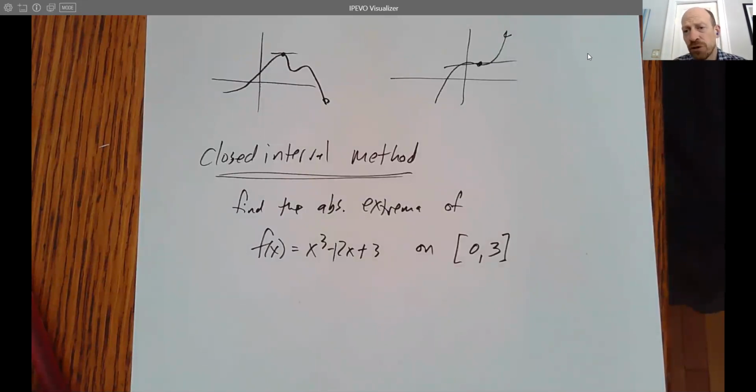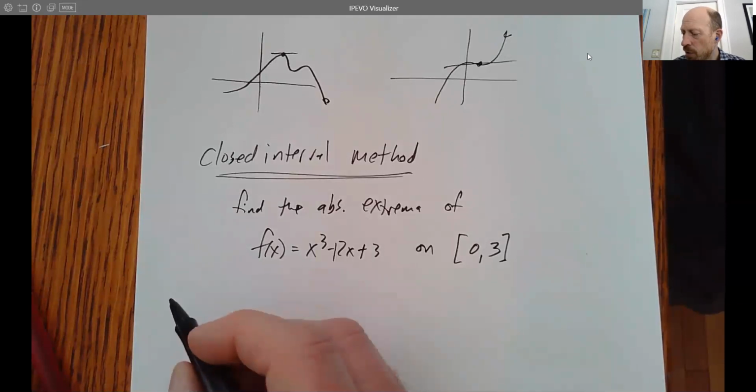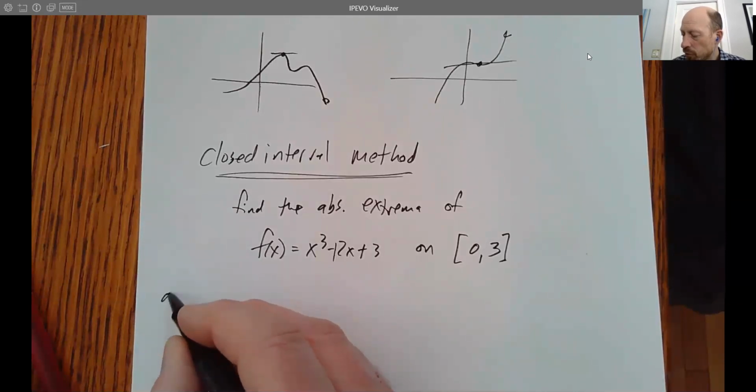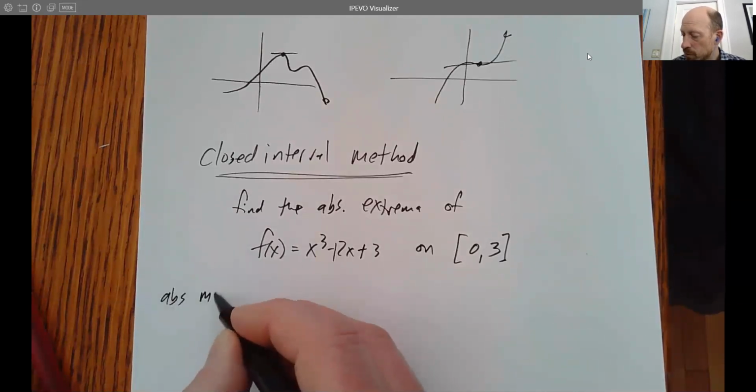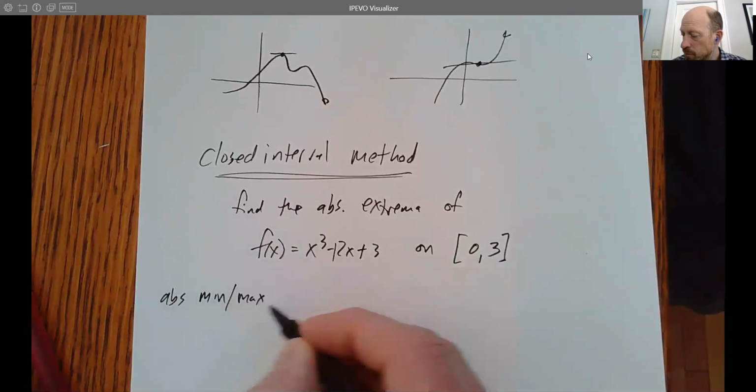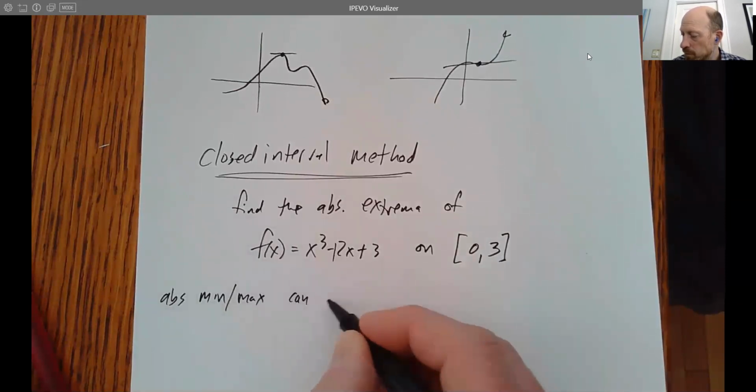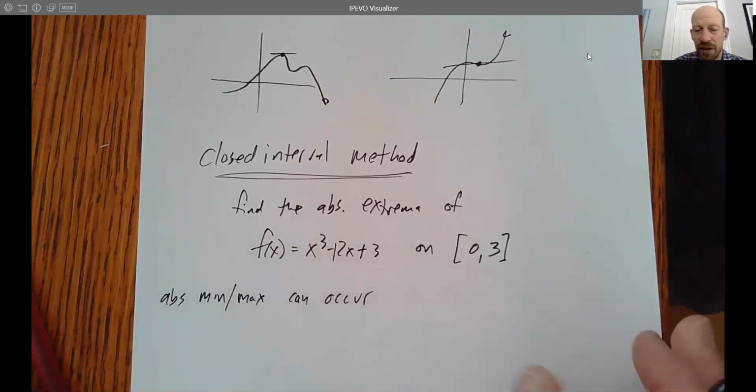Luckily, most of the functions we work with are continuous on their domain. So we want to check that, but most of the time we're safe. So there is a min and there is a max. Now, the question is, where could a min or a max occur? And it turns out it's kind of limited.